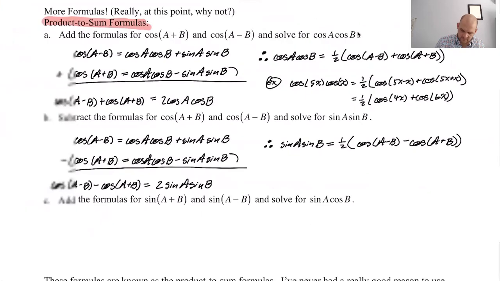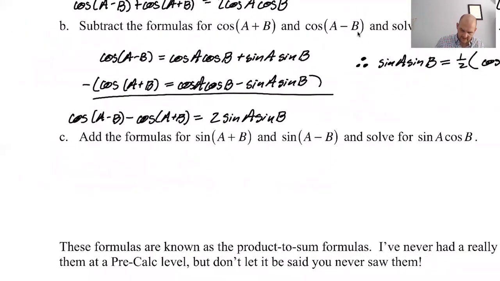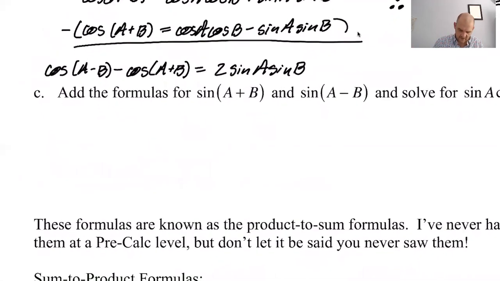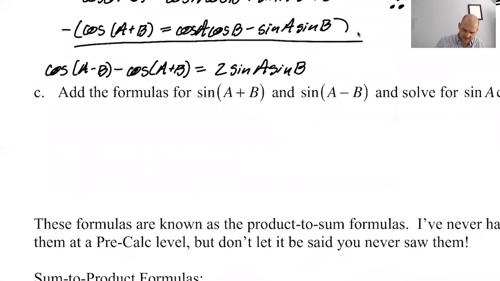Then there's one more that we can get, which would be sine of A cosine of B. That's got to come from the formulas for sine, because those are both sine, cosine, cosine, sine. Let's see how we should stack these. I don't think it matters because we're just going to add them together.